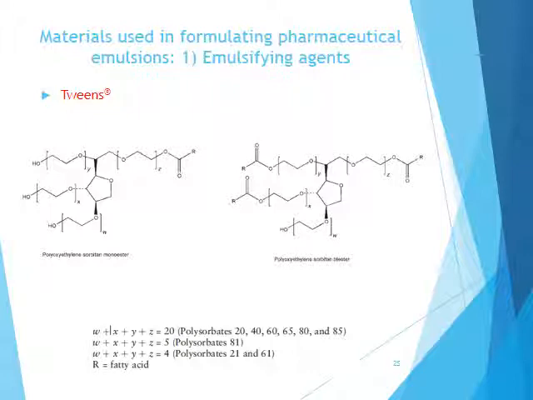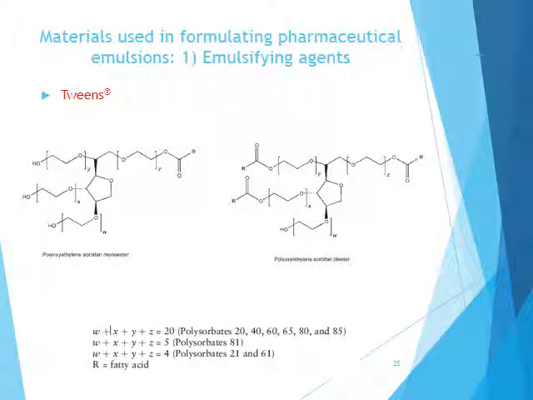So the structure of tweens, generally speaking, is composed of three portions. The first is the sorbitan structure, which is the ring, and then to the right side we have the fatty acid structure attached to the sorbitan, and then we have the polyethylene oxide units attached to the sorbitan as well from the left side.